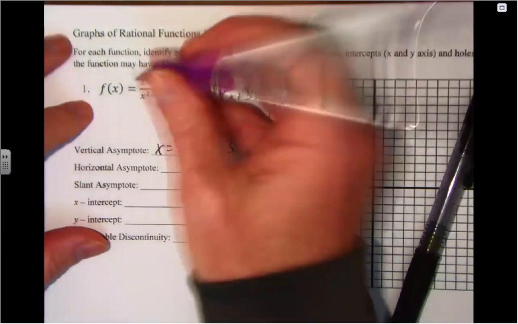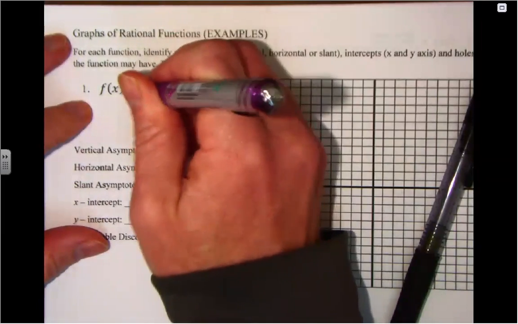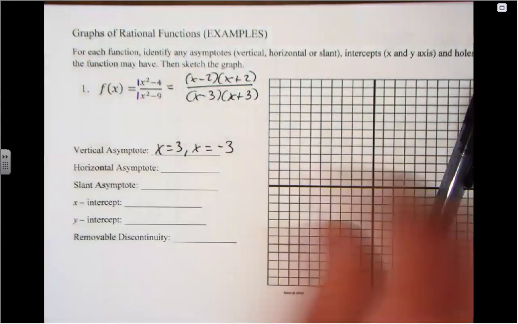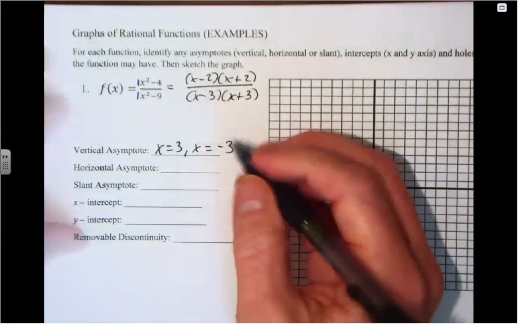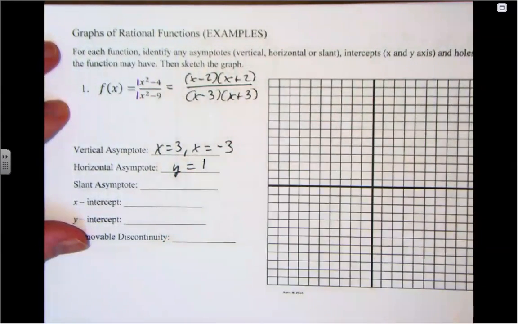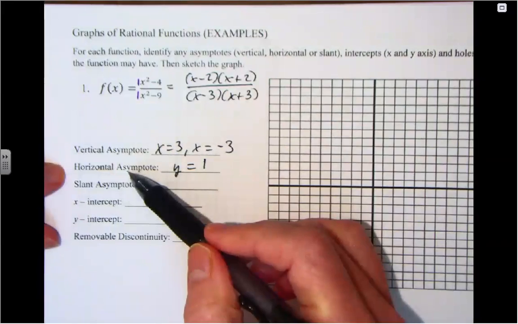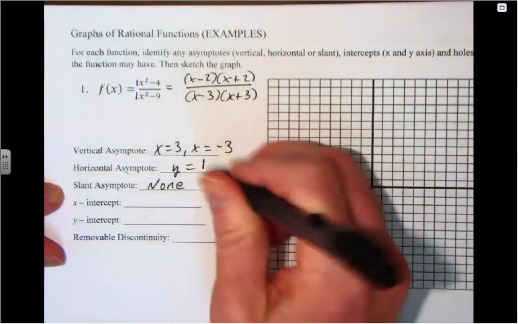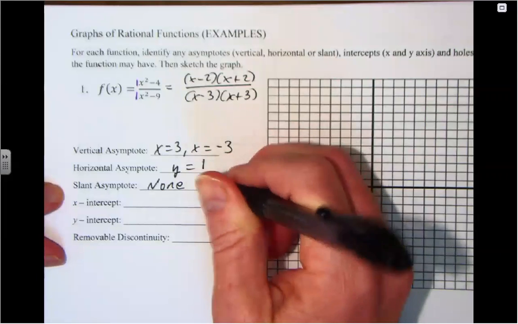When it's equal, we take the ratio of the leading coefficients, in this case 1/1. So it is y equals 1. Also remember, if you have a horizontal asymptote, then slant is automatically none. It's either one or the other, folks.